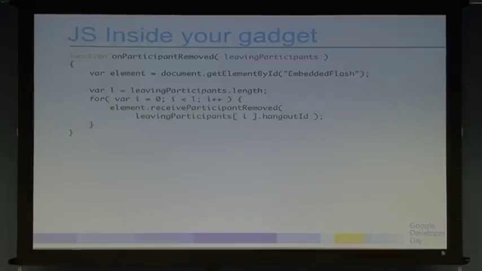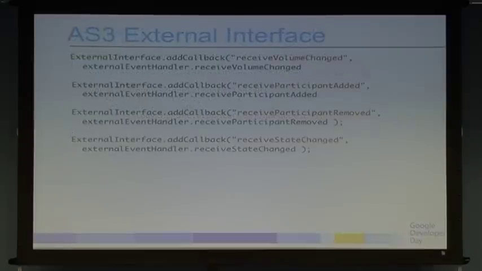And if you notice, there's a receive participant removed. That is a callback listener inside the ActionScript. ActionScript has this great library called ExternalInterface that allows you to register those methods, and that JavaScript is pulling off those methods through the ExternalInterface. And naturally the object gets passed around.